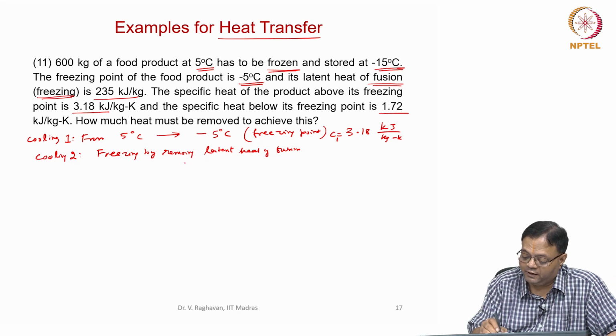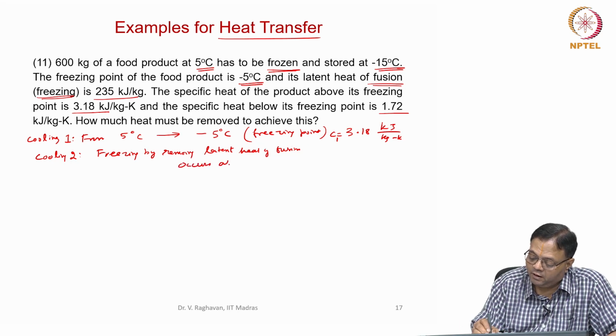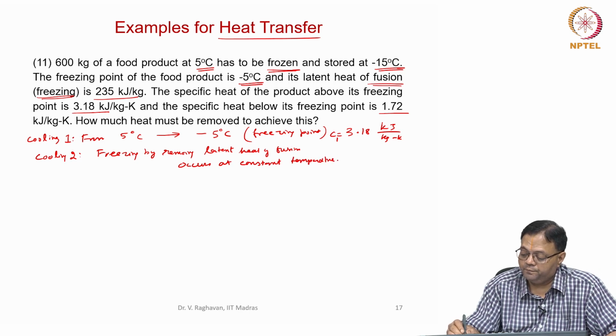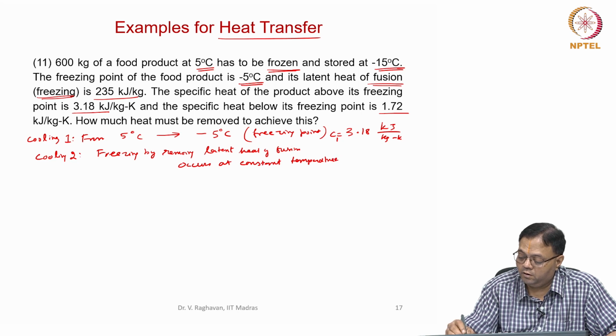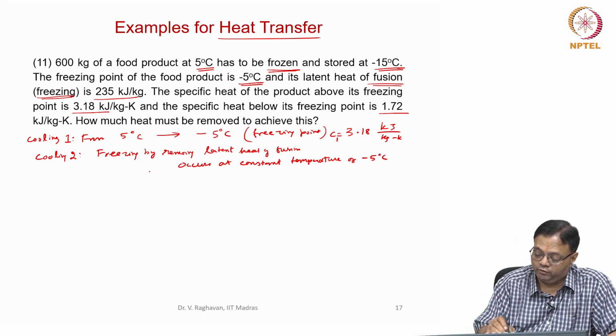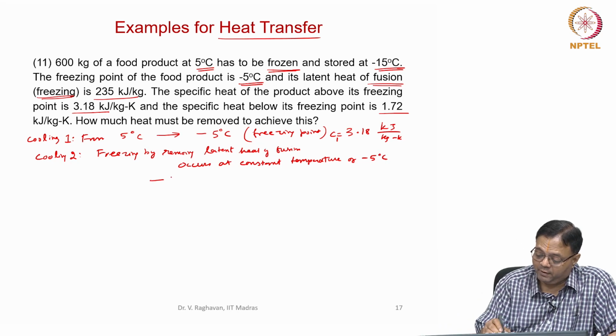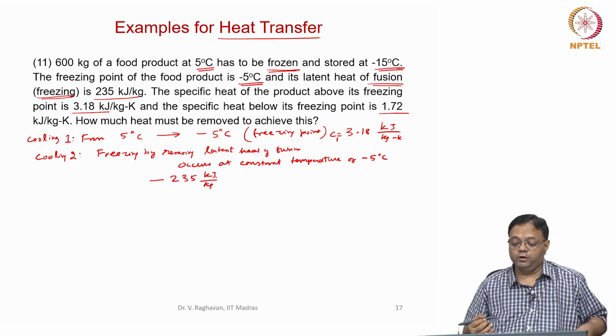This occurs at constant temperature of minus 5 degrees centigrade. So, here it is basically minus 235 kilojoule per kg. I have to remove this heat.